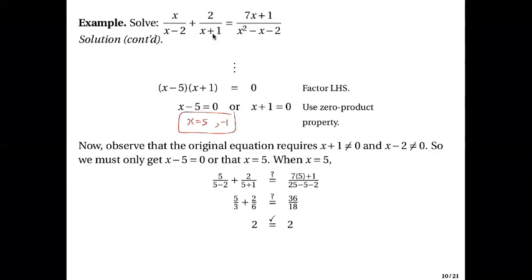So these are some of those instances where your checking part is important. Okay? So this guy here will be wrong. This one is just fine, but this guy here will be wrong.